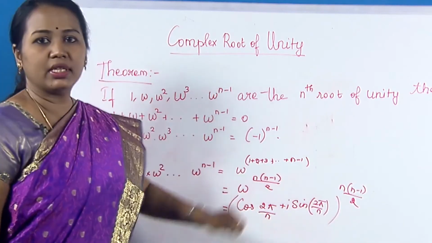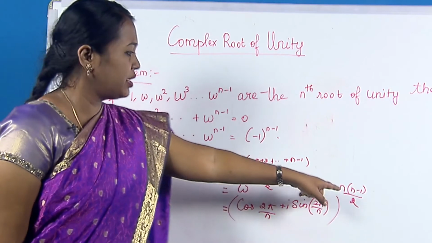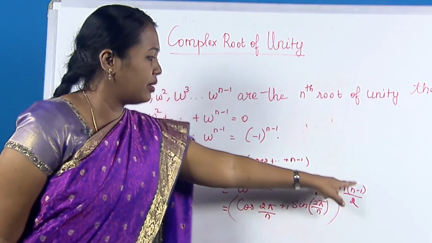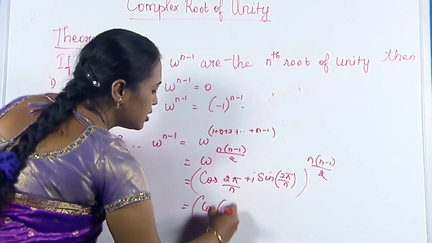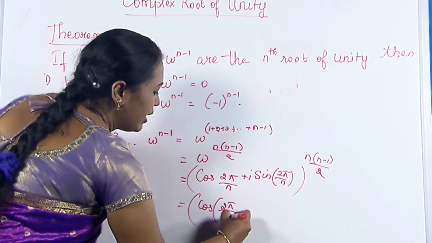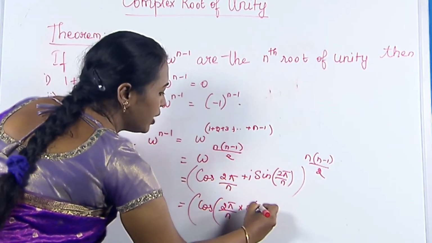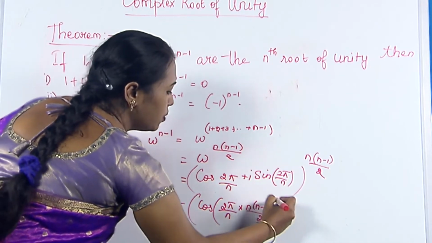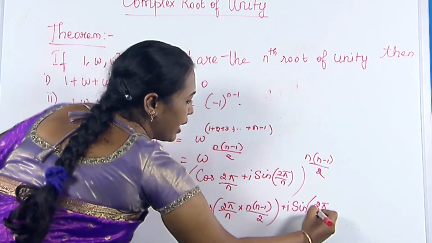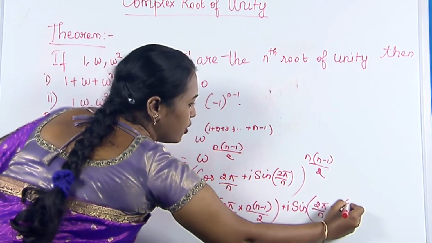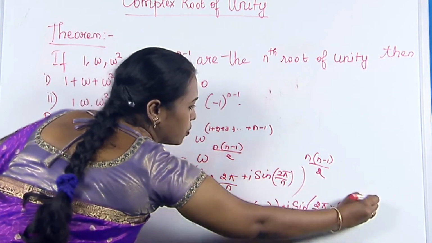Now, let us use de Moivre's theorem. Using the de Moivre theorem, this power comes inside and therefore, this becomes cos of 2 pi by n times n into n minus 1 by 2 plus i sin of 2 pi by n times n into n minus 1 by 2.